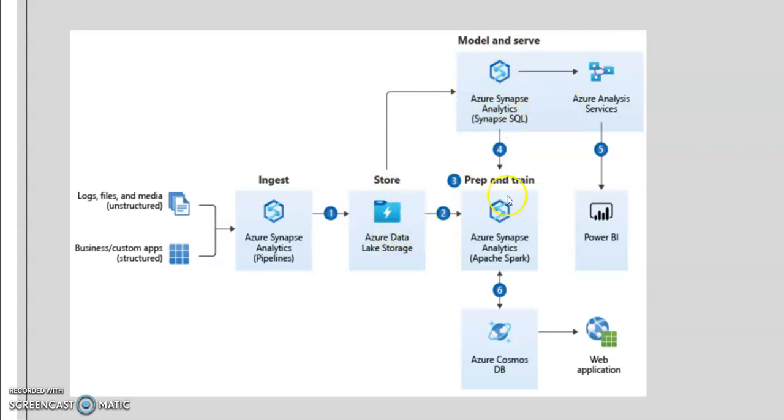For storing the data we would be preparing and training the data, then we would be using the Cosmos database for NoSQL, and for presentation and analysis we use Power BI here. Because the data is in a form which could be converted into NoSQL, we use Azure Cosmos DB, and then a web application system is used.